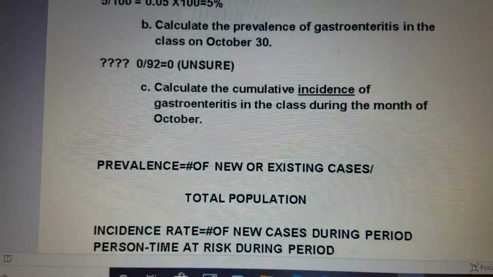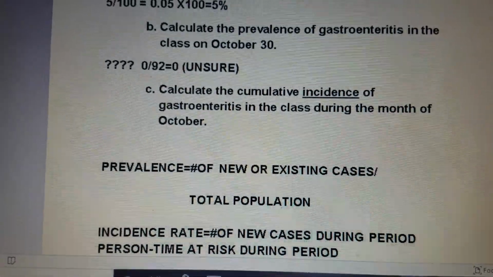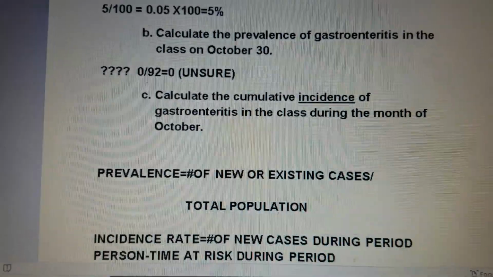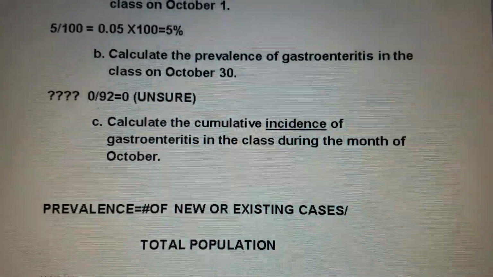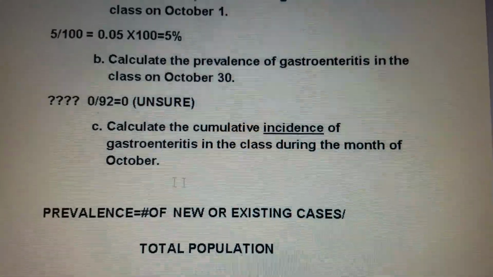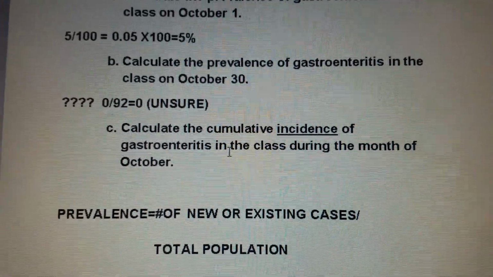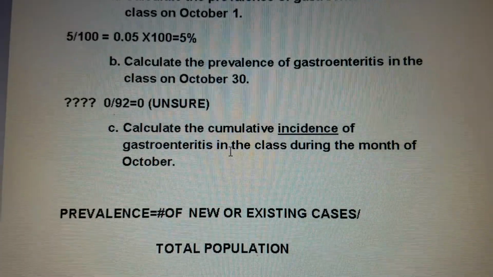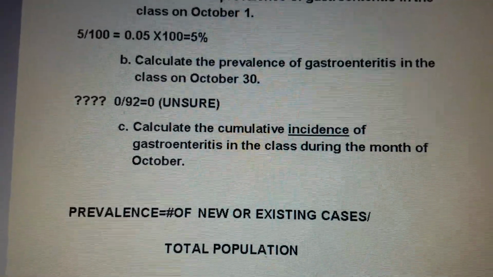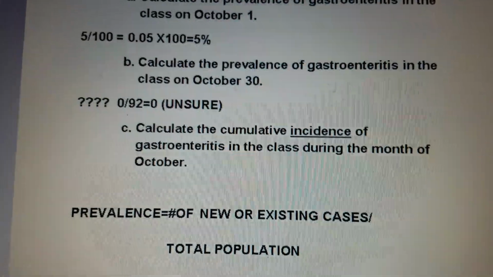So incidence in this case is the total number of new cases during the period. The question is saying during the whole month, the entire month of October, how many cases did we have? We had 8. And then our population was 100.